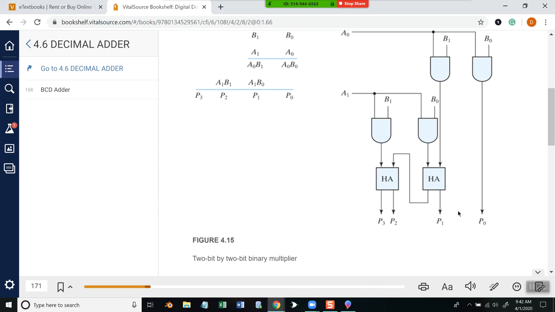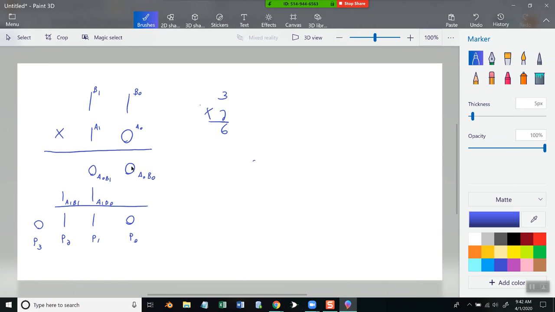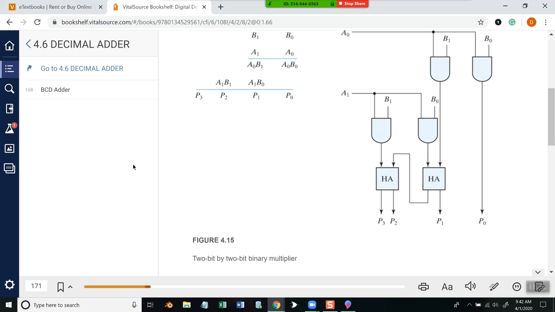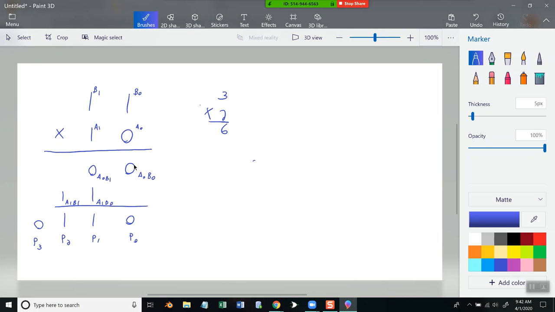We talked about adders, so they're not going into the detail of what's involved there, but you're adding. A0, B0 is not going into an adder because it doesn't have to, because this is automatically coming straight down here because there's never anything here. So there'd be nothing to add together.